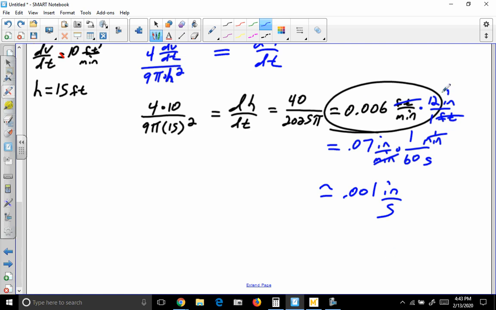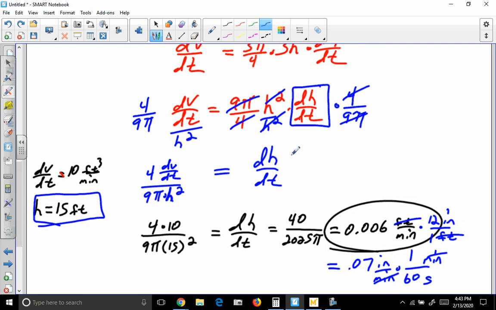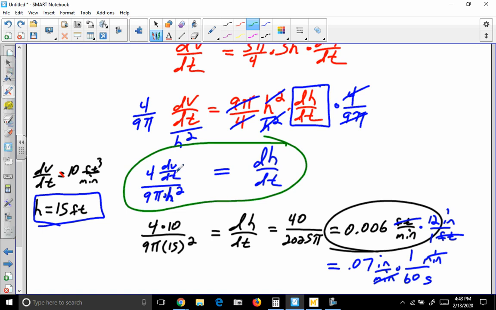We could just leave it like we had it to begin with, as feet per minute. So by the time the pile is 15 feet tall, it's not getting taller very quickly. If we look at our formula that relates our rates, our h and our v, if dv dt is constant, if we're increasing our pile at a constant growth volume, adding the same volume every minute, as h gets bigger, we're dividing by a bigger and bigger and bigger number.